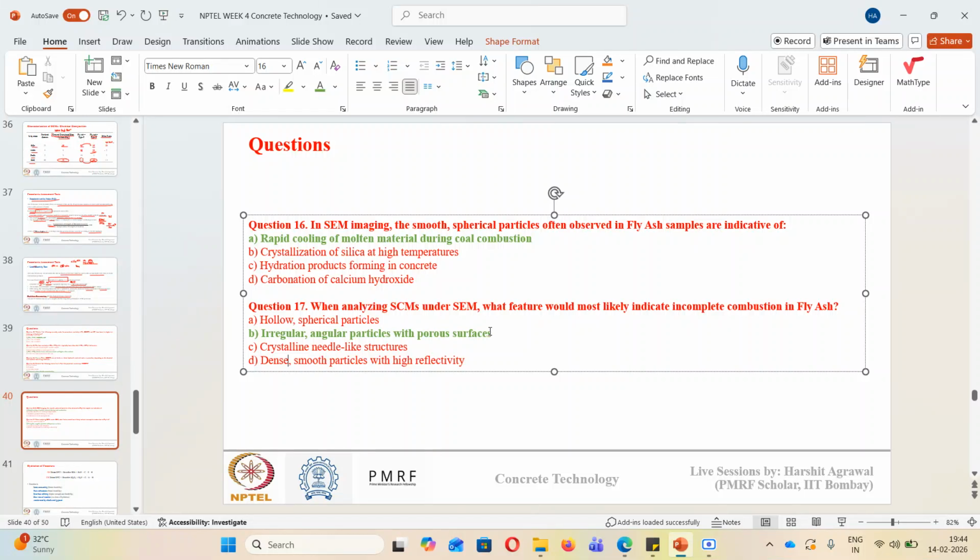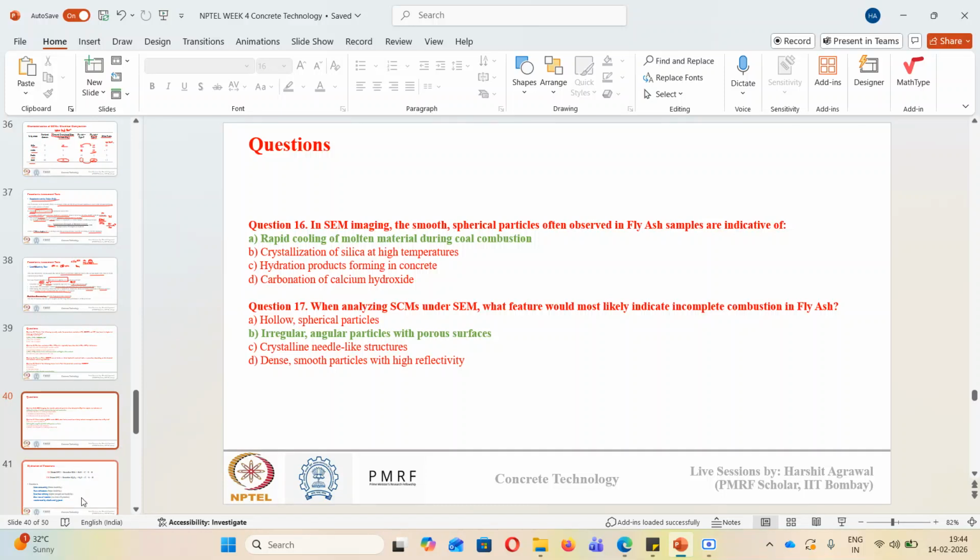So a properly combusted fly ash will have very smooth glassy spherical particles, and an improperly combusted fly ash will have irregular porous particles of unburned carbon also in its SEM image. Okay, so this is how an SEM image can also be very important to understand the characteristics of a material.